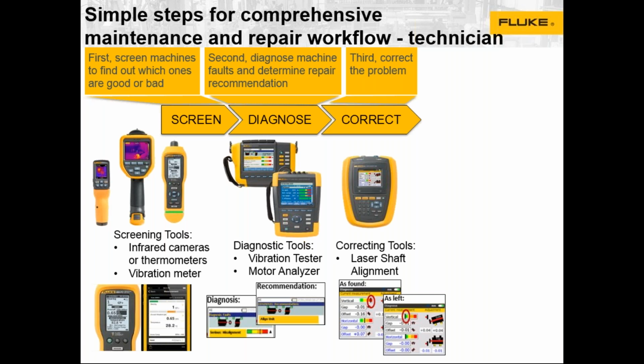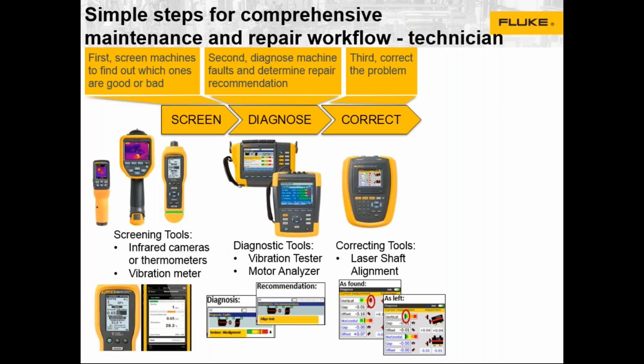So now it's time to bring in some corrective tools. In this case, we're going to use a laser shaft alignment. So we found out in step number 1 that the machine has a fault. Step number 2, we found out that fault is misalignment. Step number 3 is we need a tool that helps us with this misalignment.